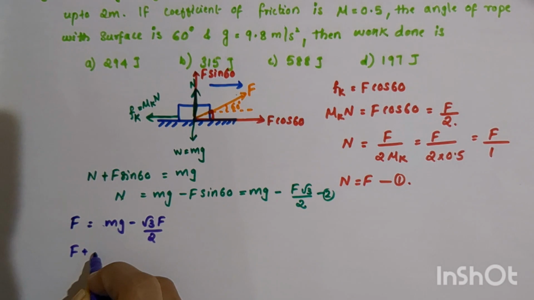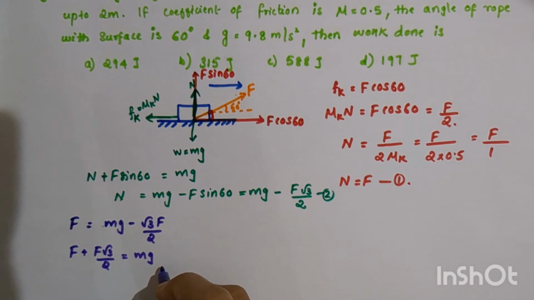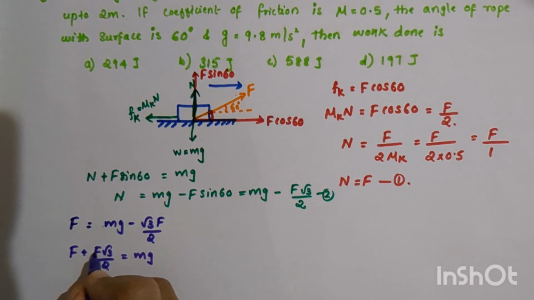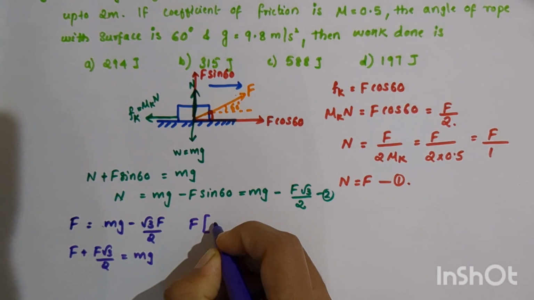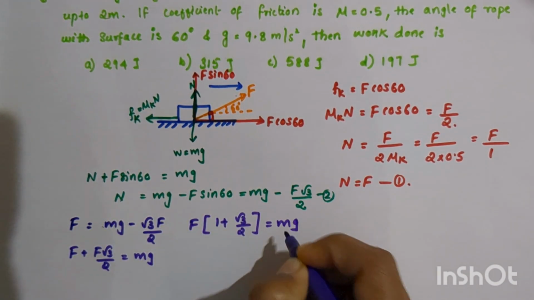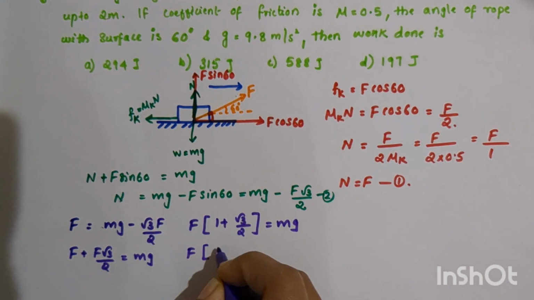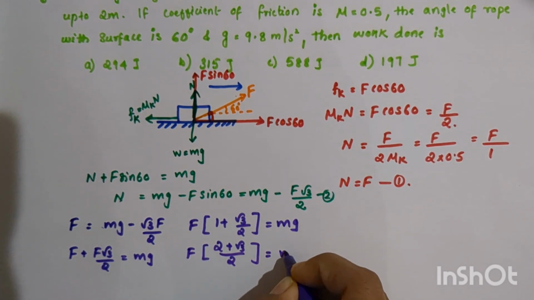So F plus F into root 3 by 2 equals m into g. From this, if we take F as common, we can write F into 1 plus root 3 by 2 equals m into g. That is, F into 2 plus root 3 by 2 equals m into g.